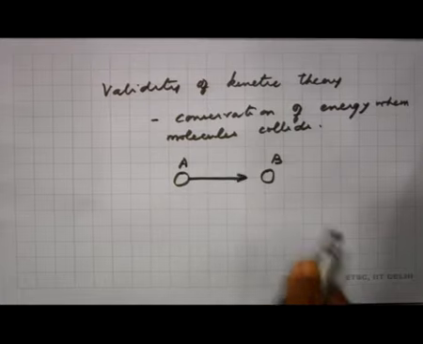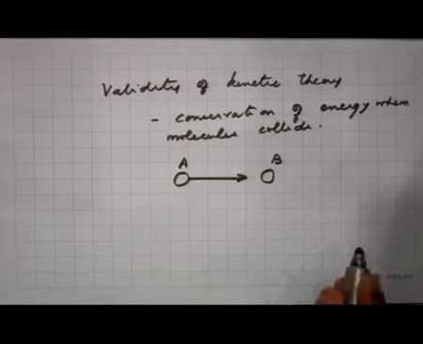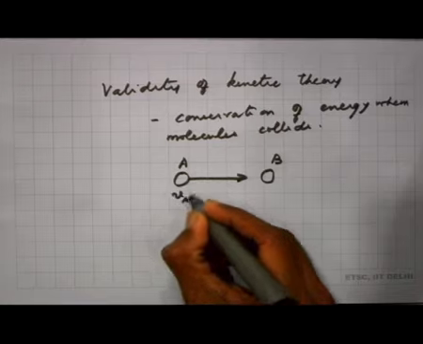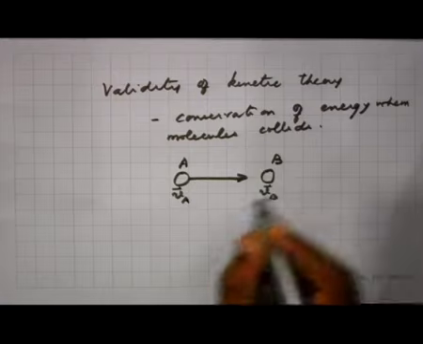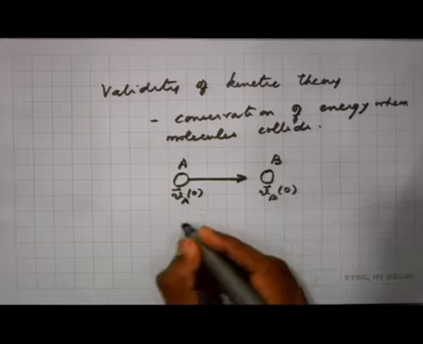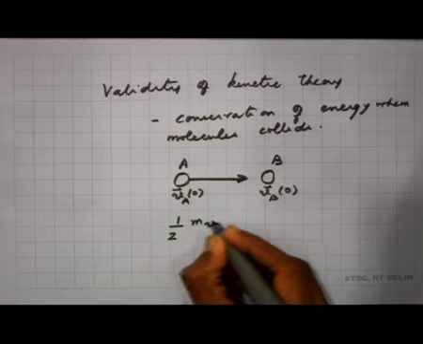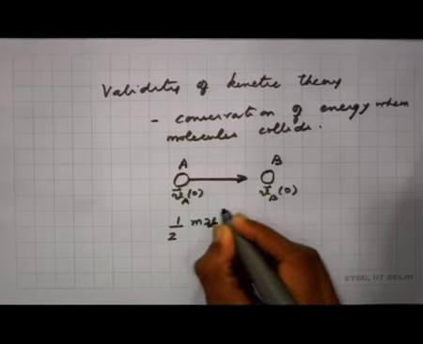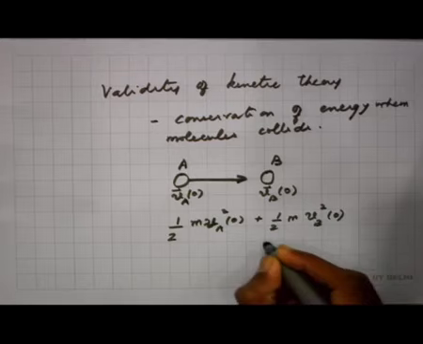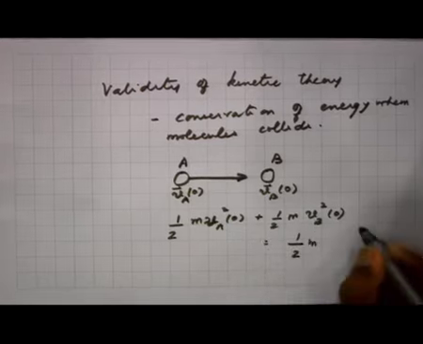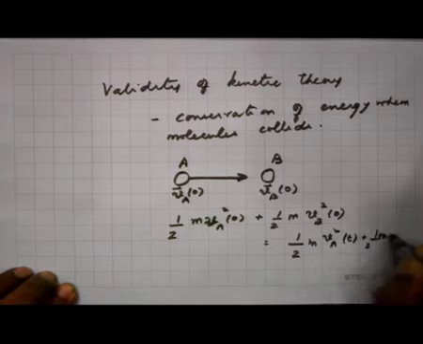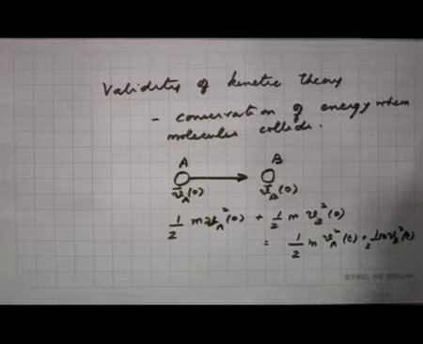You have a molecule A which comes and collides with B. What the conservation of energy is telling you is that if you call this VA and this VB, and imagine VB was initially 0, that is the initial velocity before collision, then half m VA0 squared plus half m VB0 squared is equal to half m VA squared at time t plus half m VB squared at time t, where t is after the collision.